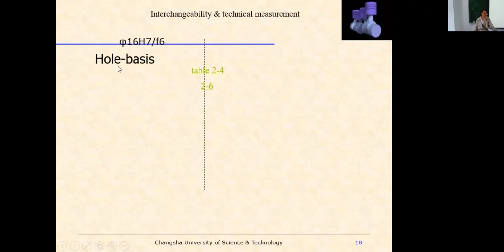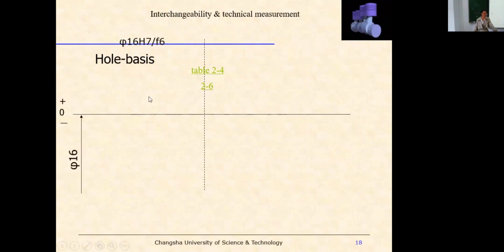So this is the hole-basis fit, because H is the basic hole.